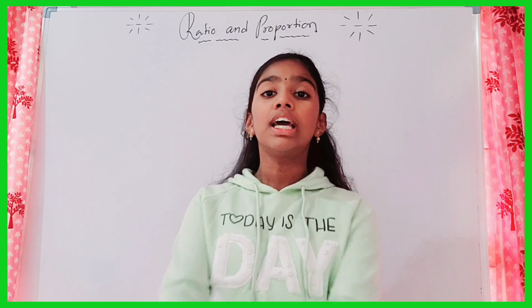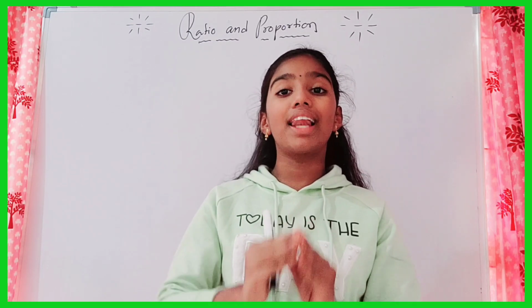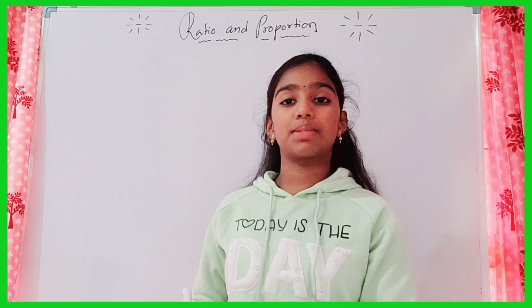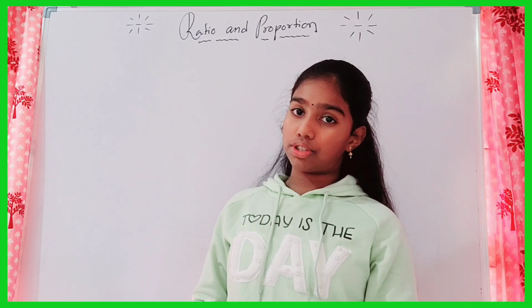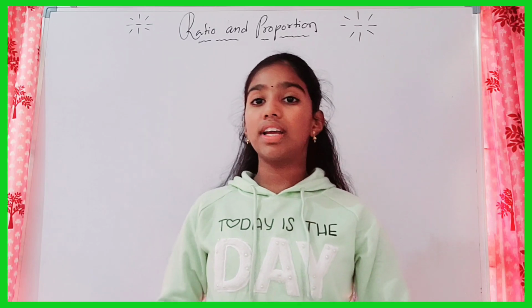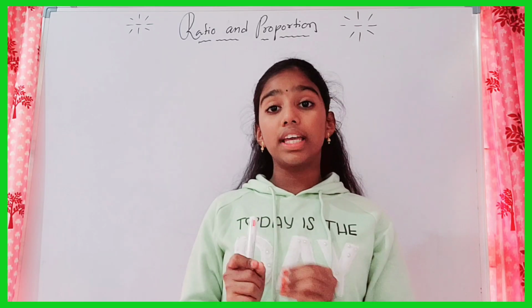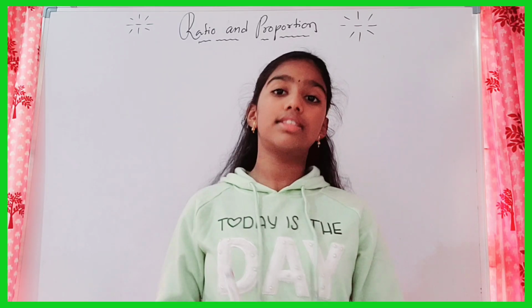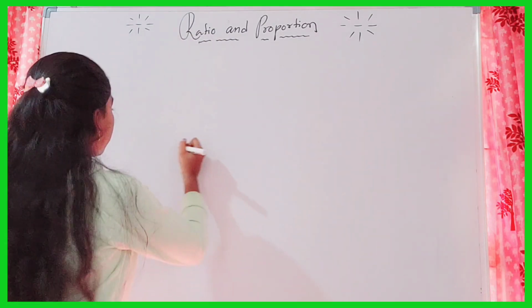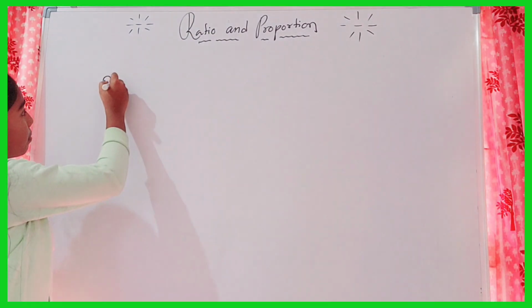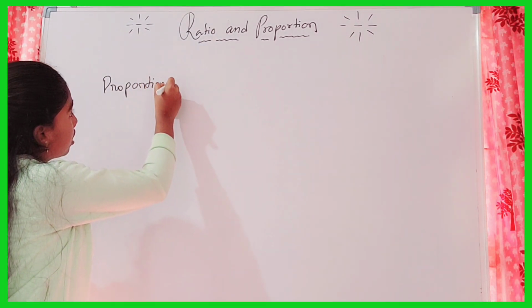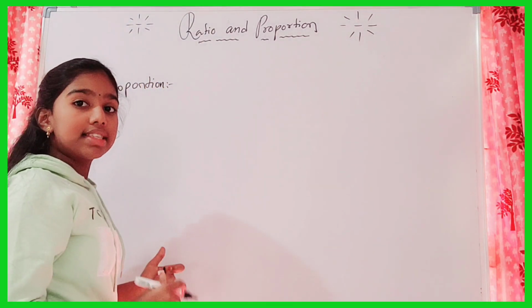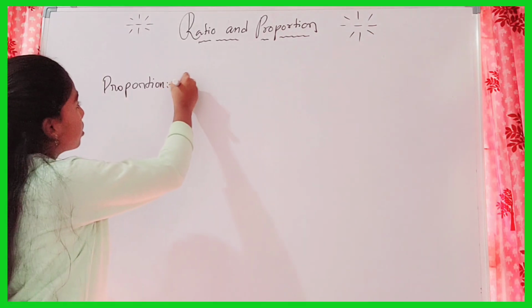Proportion means that the equality of two ratios is called proportion. That's it. We have already learned what ratios are. So the equality of two ratios is called the proportion.